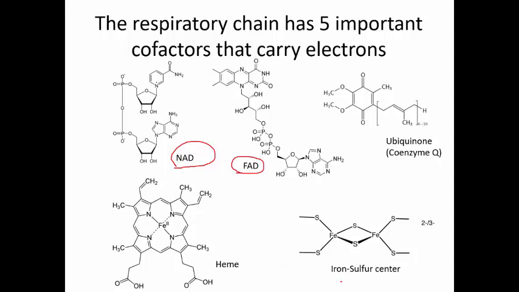And then one we haven't talked about, but it's relatively simple, and this is just an iron-sulfur center. These come in various different varieties, but the gist is that we have iron again, and it's usually bound to some sulfurs from side chains of amino acids and sometimes other sulfurs as well. And in heme and iron-sulfur centers, the focus is really the iron.